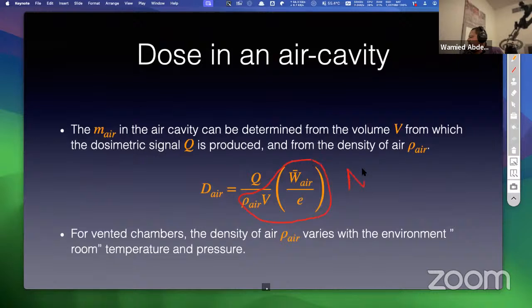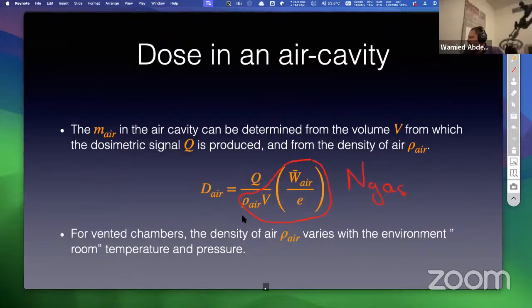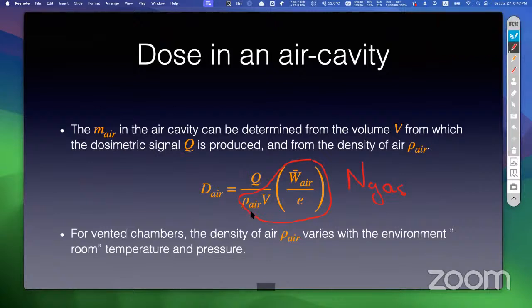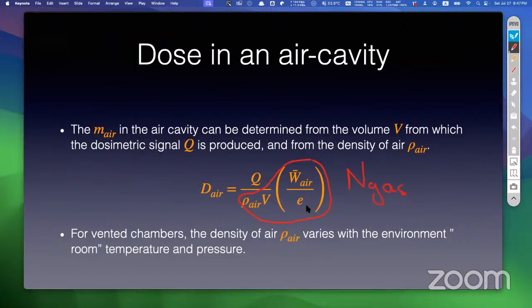And then D air: you see this density multiplied by volume, and W air divided by E. This is constant for D air. Then we go for the N gas equation.